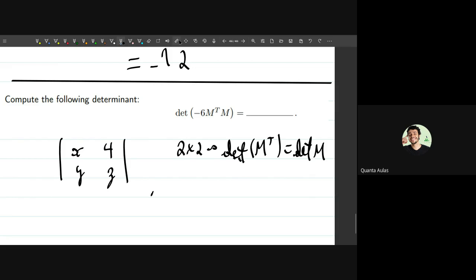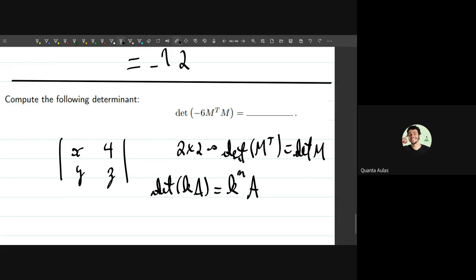And we have another interesting property. If we have a constant multiplying a matrix inside the determinant, it will be the constant to the power of the size of the matrix. Because to do a determinant, the matrix needs to be square.